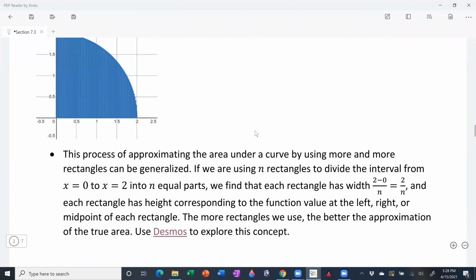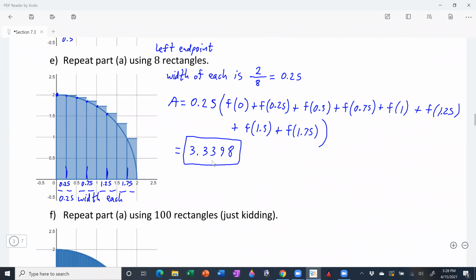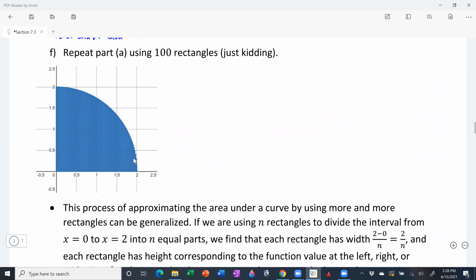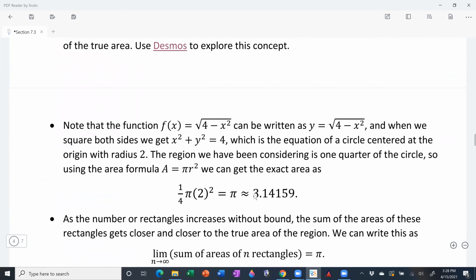As we were doing these different approximations, notice we were a little bit too high. The exact area should be pi. 3.4, a little bit too big. 3.3, getting a little bit closer, but it should be about 3.14 something. If we did the process with 100, it would probably be pretty close, but we know that it should be approaching this value.